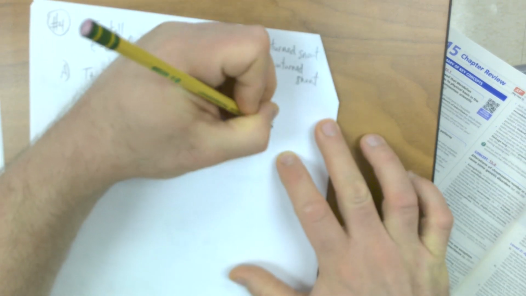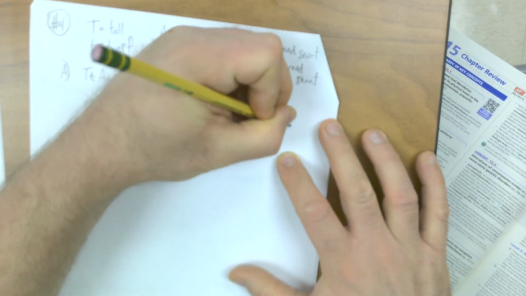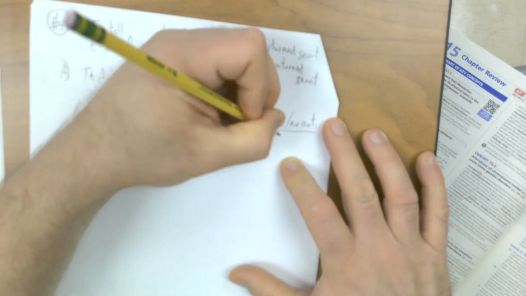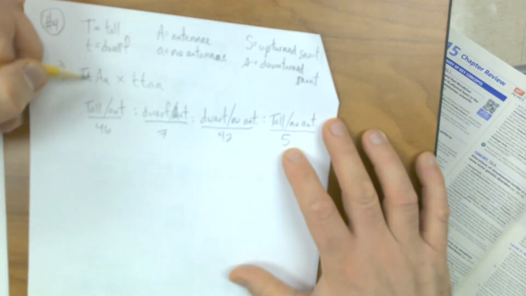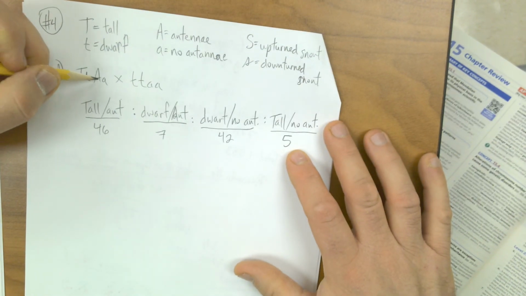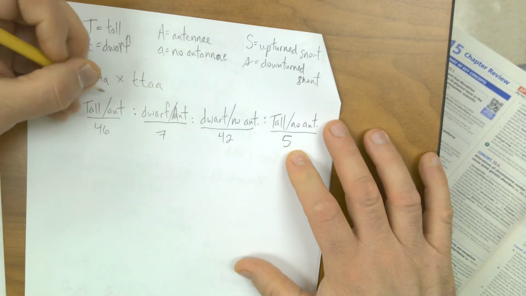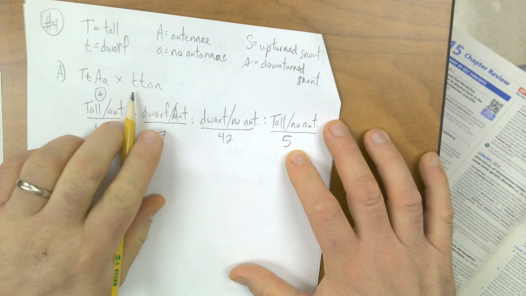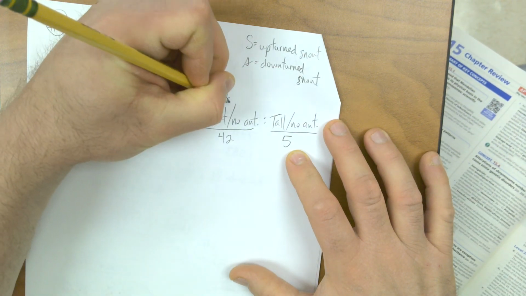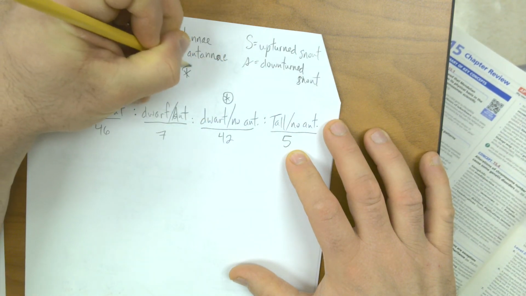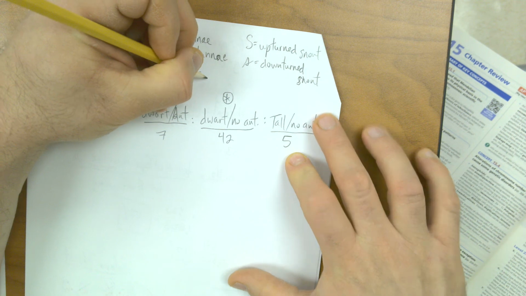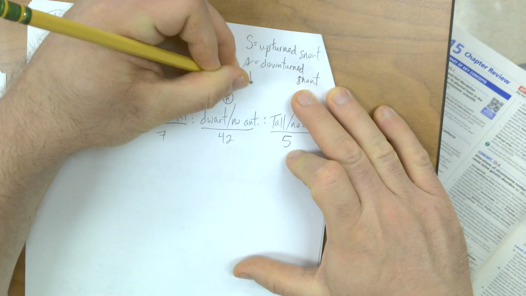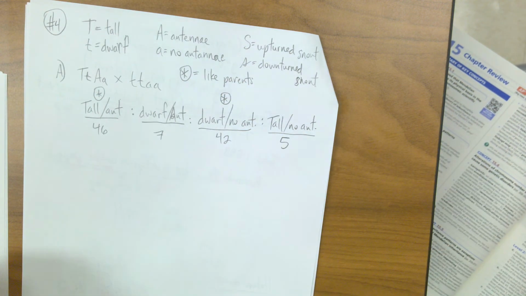And finally, we have tall with no antennae, and that is 5. Now, the parents were tall with antennae, so put a little asterisk there, and dwarf with no antennae. So let's just make a little mark here, a little note to ourselves. Say this is like parents. Okay.